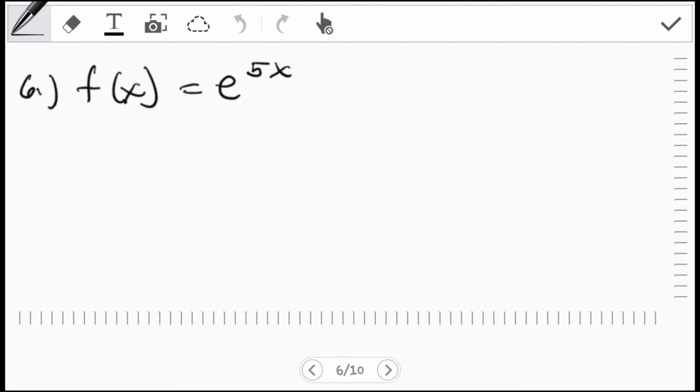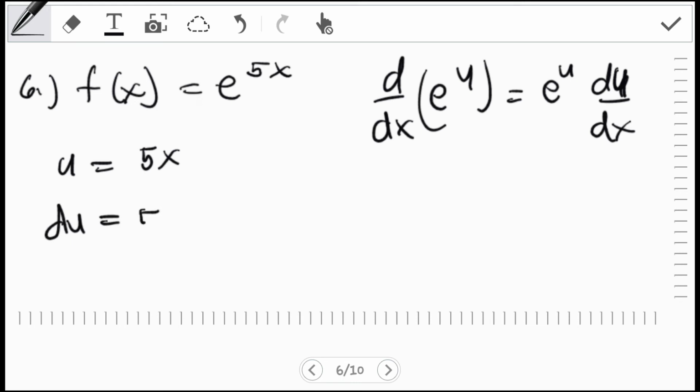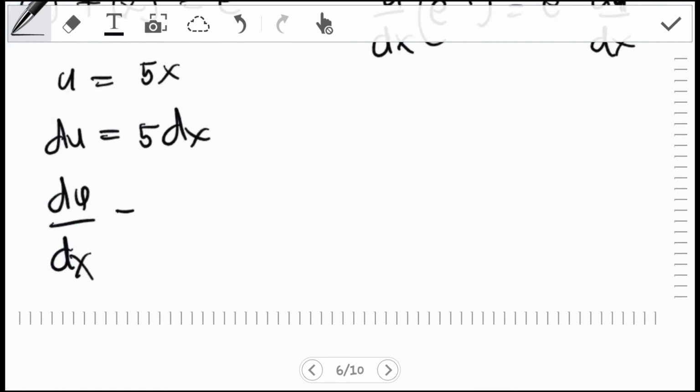What is the first derivative of f of x is equal to e to the power 5x? Again, we can apply this formula: d over dx of e to the power u is equal to e to the power u du over dx. u is equivalent to 5x, and du over dx is 5.